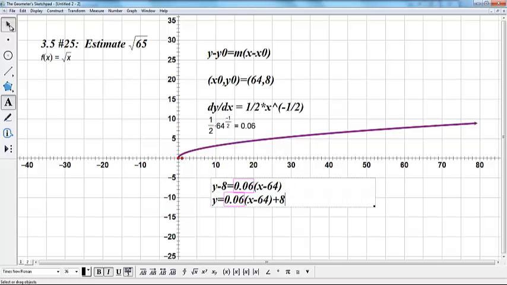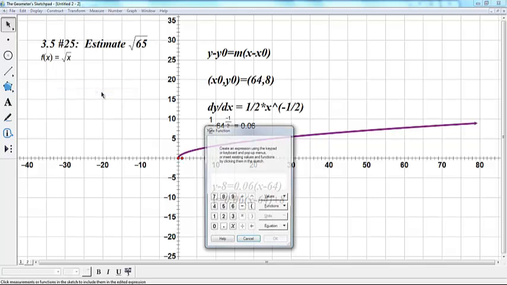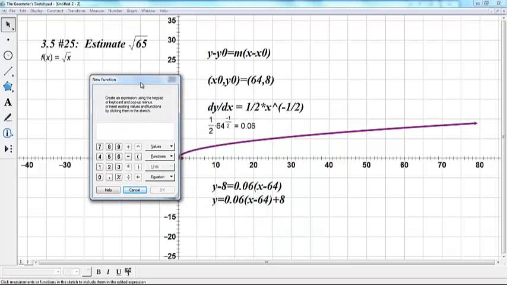So now, this is the equation of the tangent line at x is equal to 64. So how do I know that's true? Well, I'm going to plot that function, okay? So I'm plotting this function, which is going to be that times the quantity x minus 64 plus 8.